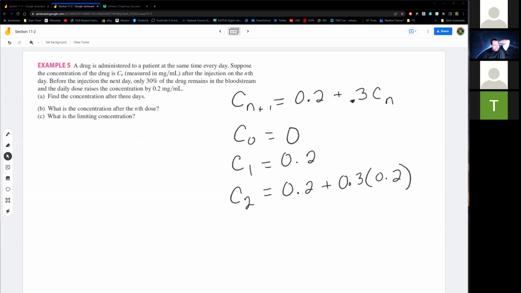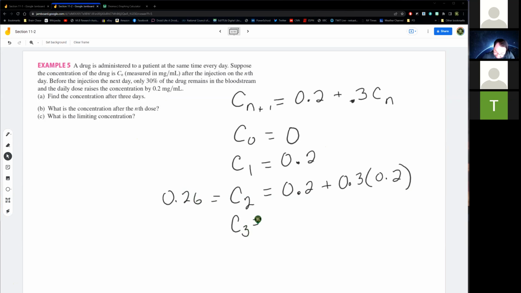Because remember, our goal is we're trying to come up with an equation for this. And the first question was they want to know how much is in your system after 3 days. So on day 1, I have 0.2. On day 2, I have 0.2 plus the 0.3, the 30% that's left, which would be, in this case, 0.26.